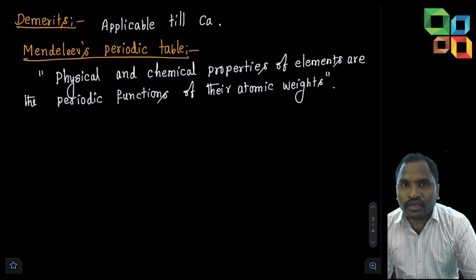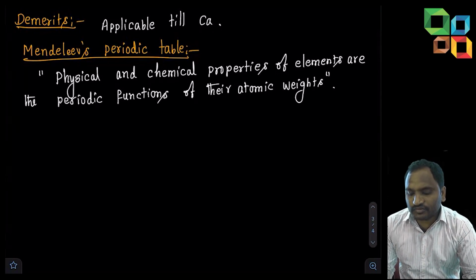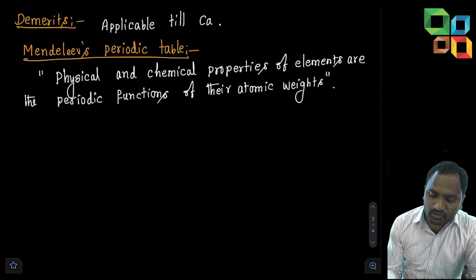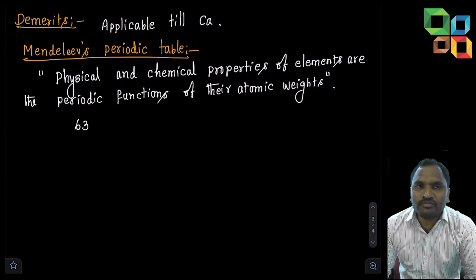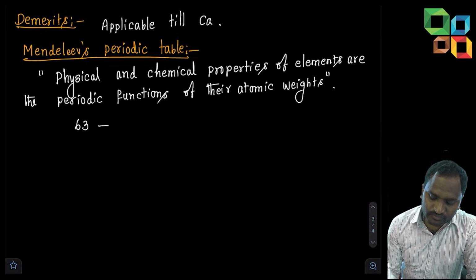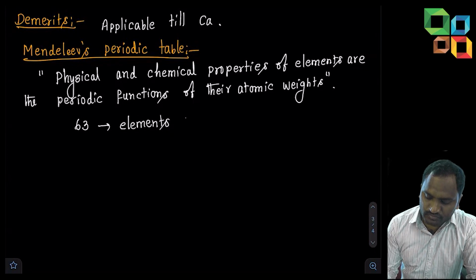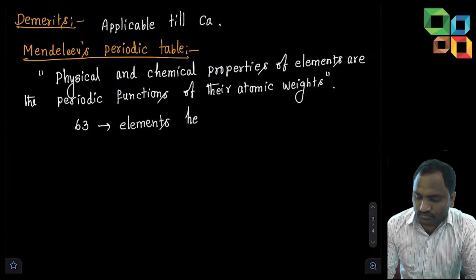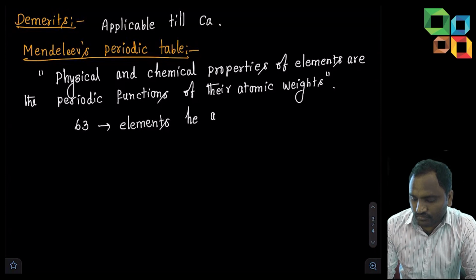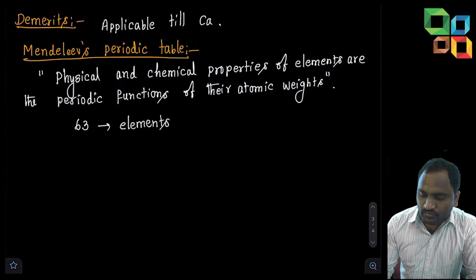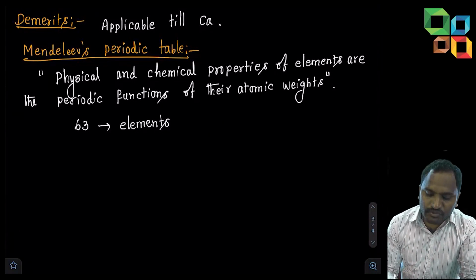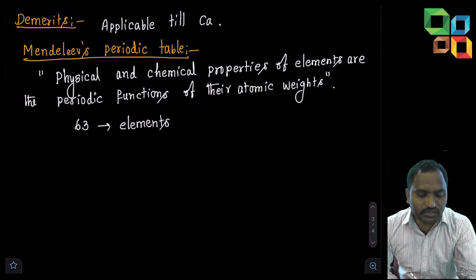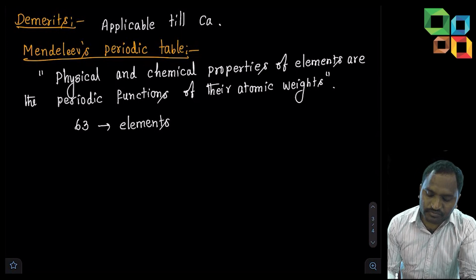He has some merits and demerits also. Some merits first. In his periodic table, there are a total of 63 elements. He could arrange 63 elements in periods and groups. Sometimes they ask how many periods and how many groups are present in Mendeleev's periodic table.